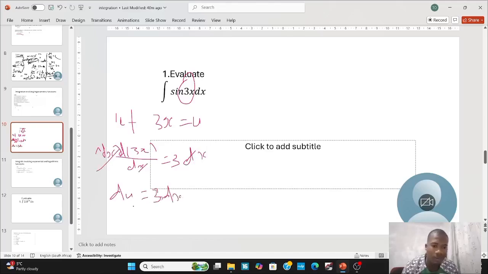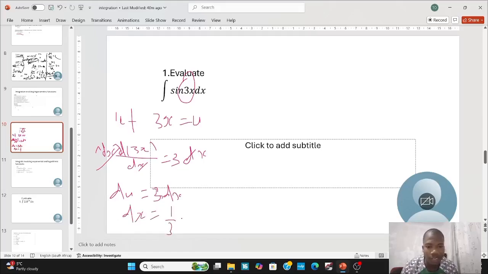Then we say that the value of dx is equal to 1 over 3 du.